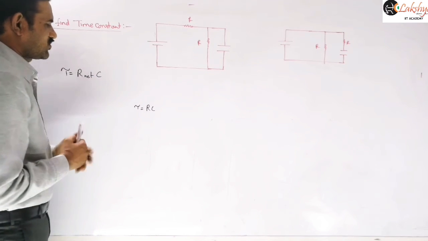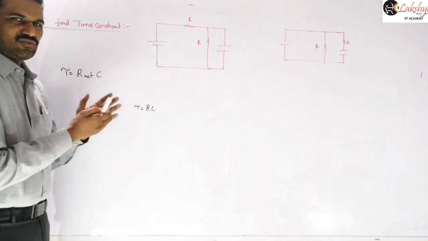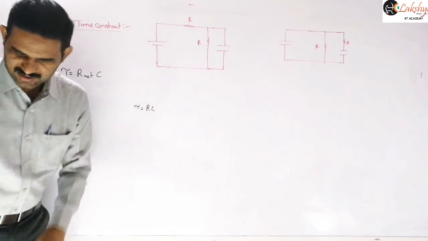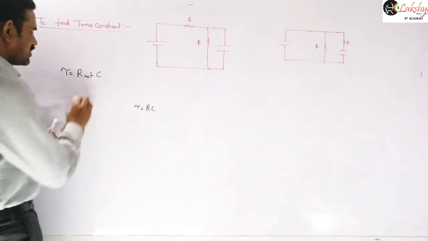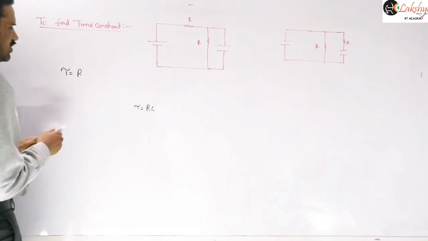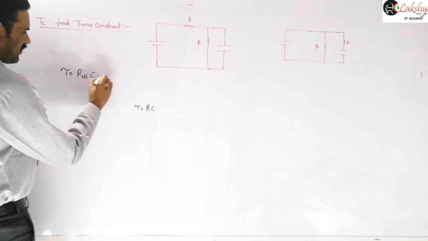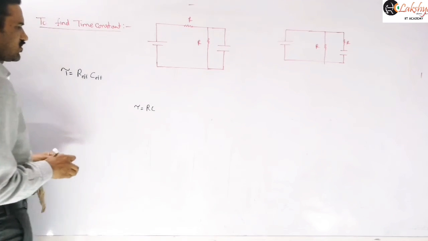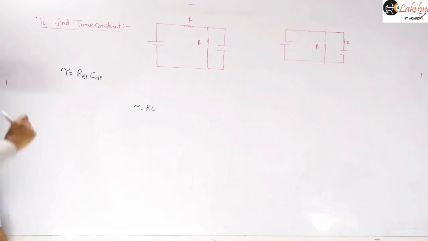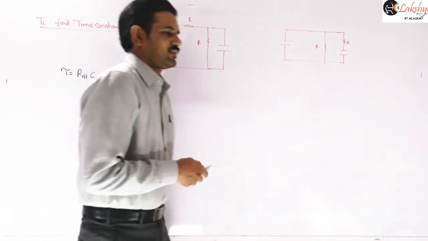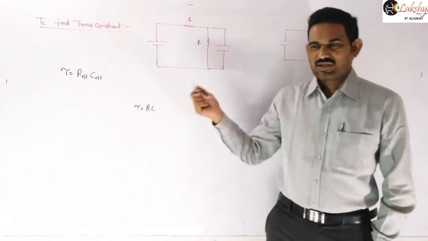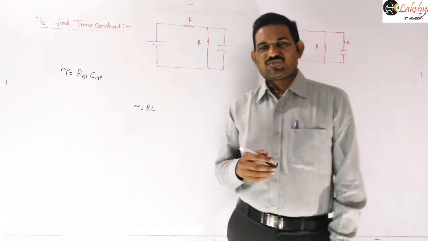Then you need to write R effective into C effective, the net capacitance or effective capacitance. So that is the general procedure to find it, R effective into C effective if more capacitors are included, right? Just to mention the procedure there. So first mention that, and I will explain these new circuits here.